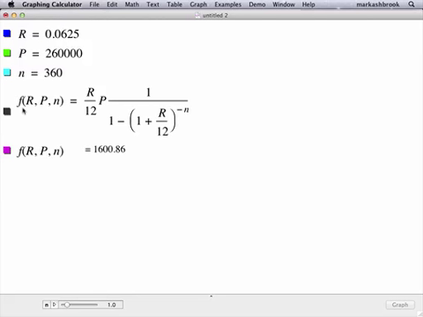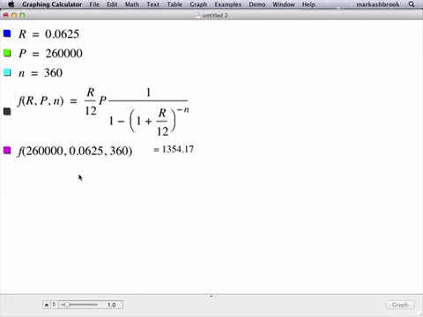It says 260,000. So what did I just tell graphing calculator? I just told graphing calculator that what? R is 260,000.